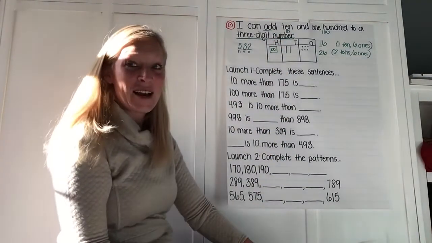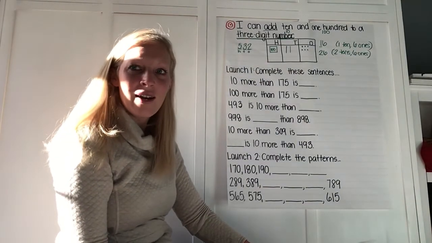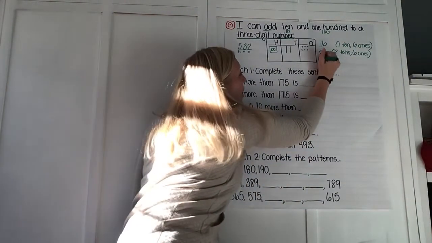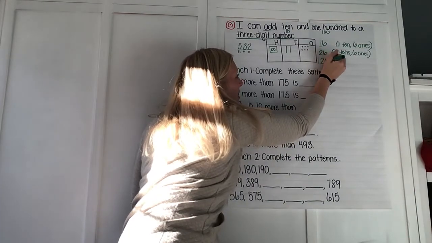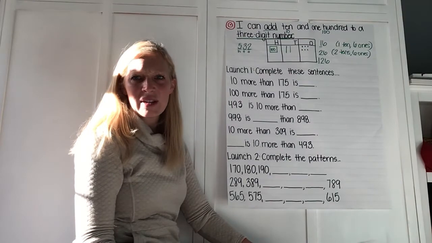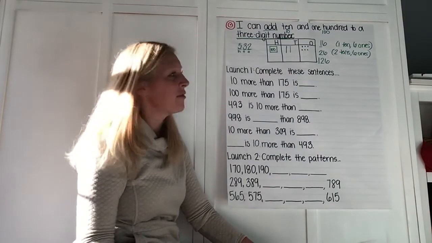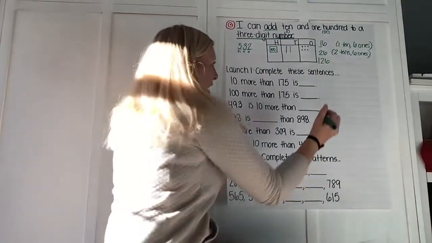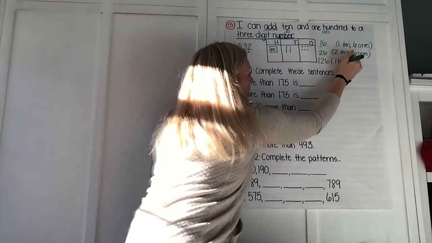Now, what number do I have? I have 126. Ooh, talk to me about what you see. How many hundreds do I have? Okay, I have 100.